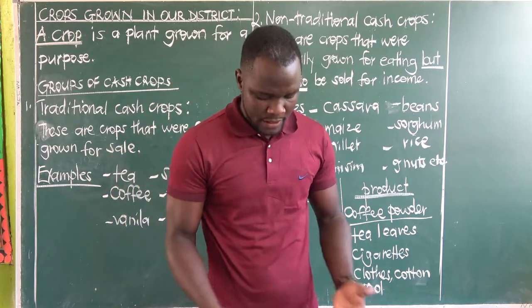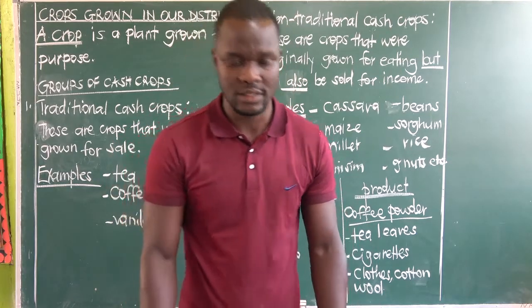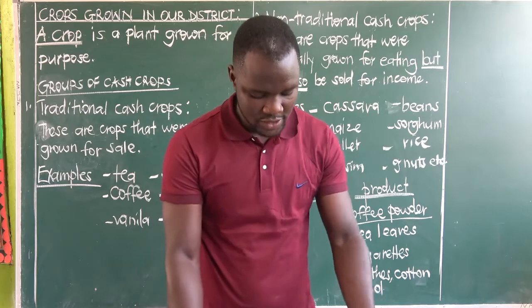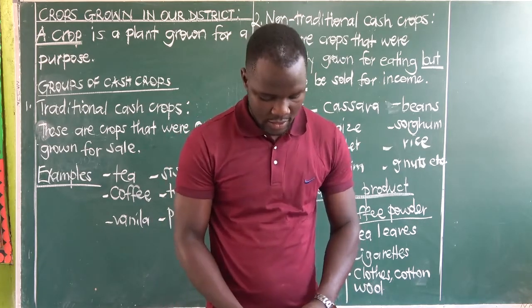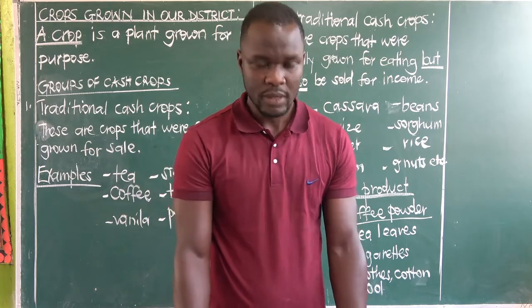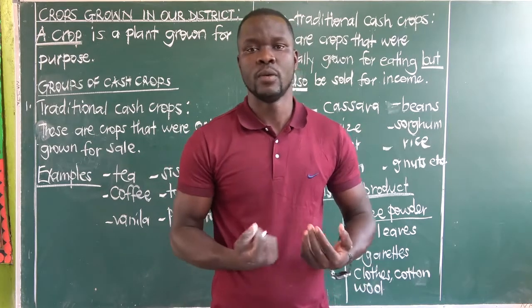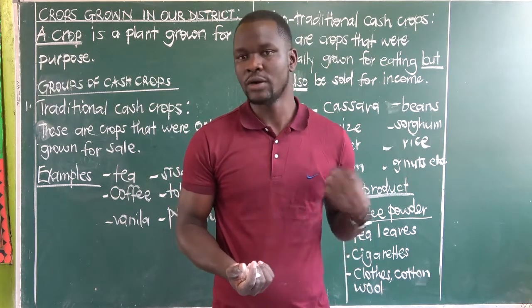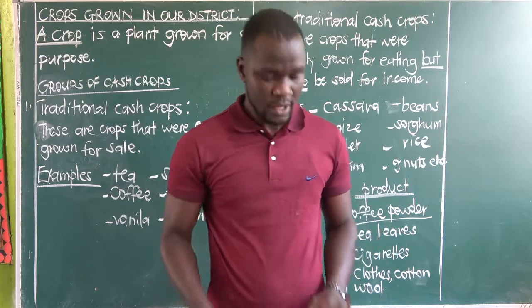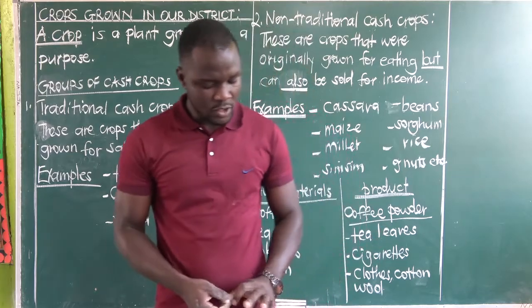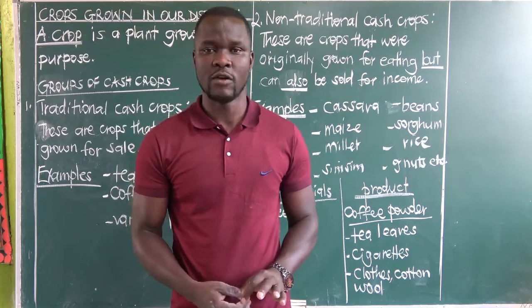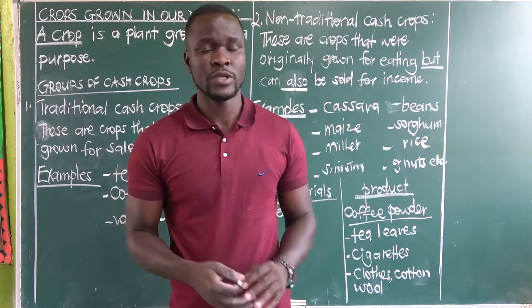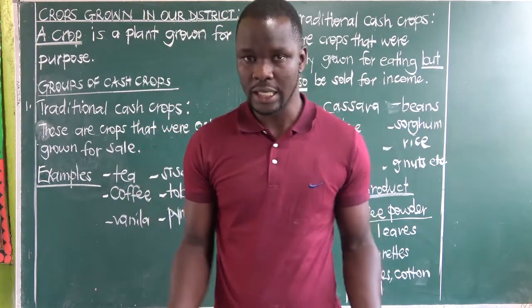And then we also have cotton threads. These are used in the making of clothes. It's called threading, and we come up with cloth as we are wearing it. So from cotton we have clothes, cotton wool, and also the cotton seeds, which can be used for making cooking oil.